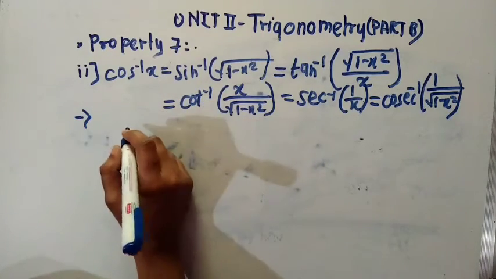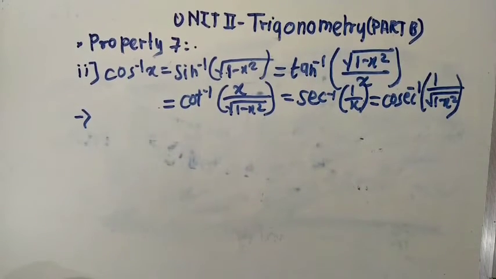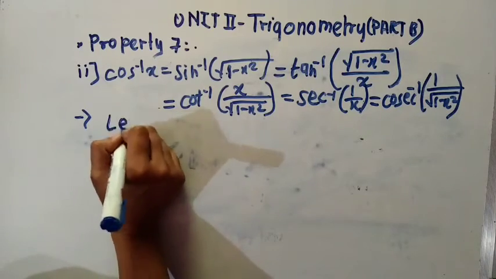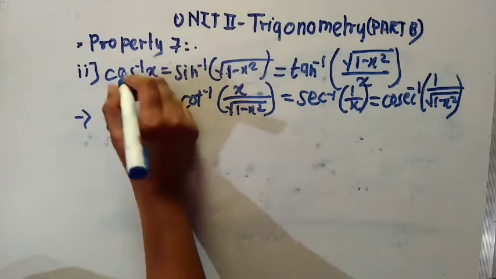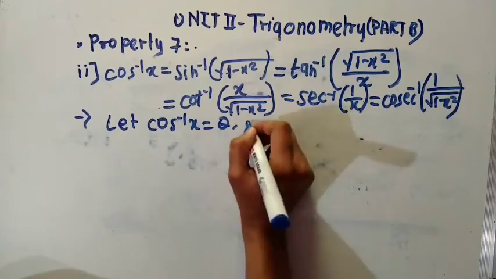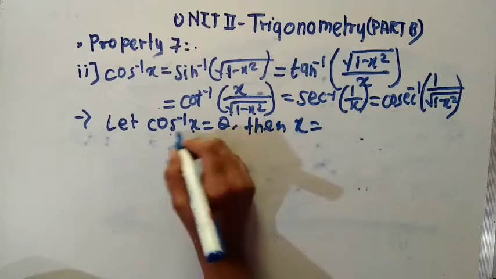So first in terms of sin inverse, let cos inverse of x is equal to theta, then x is equal to cos theta.